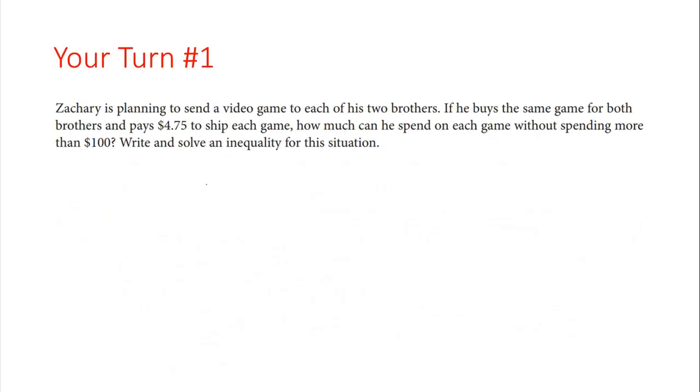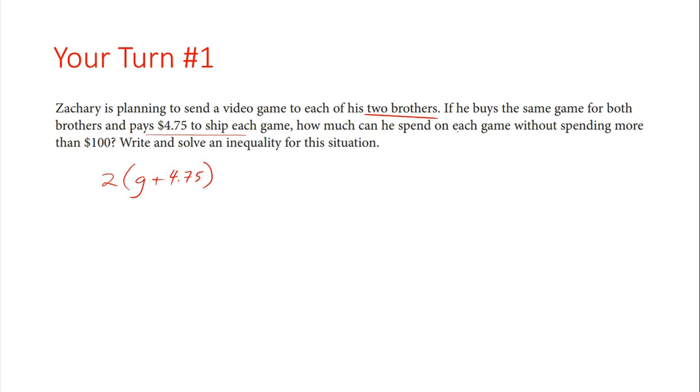Okay, so your turn number one. Zach is planning to send a video game to each of his two brothers. Okay, so I'm thinking two brothers. If he buys the same game for both of his brothers and pays $4.75 to ship each game, all right, so we got some games plus the $4.75 being added on to each game.